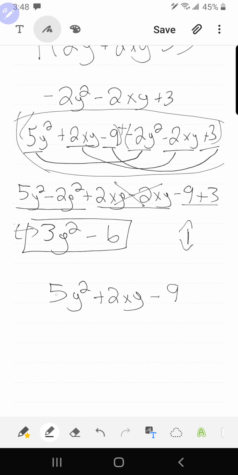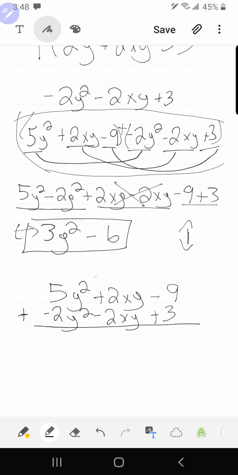Underneath the 5y squared, of course they're both being added, goes plus negative 2y squared. What will go underneath the 2xy? My negative 2xy, minus 2xy. And of course the plus 3 would go underneath the 9 like this. And I would cross it out.